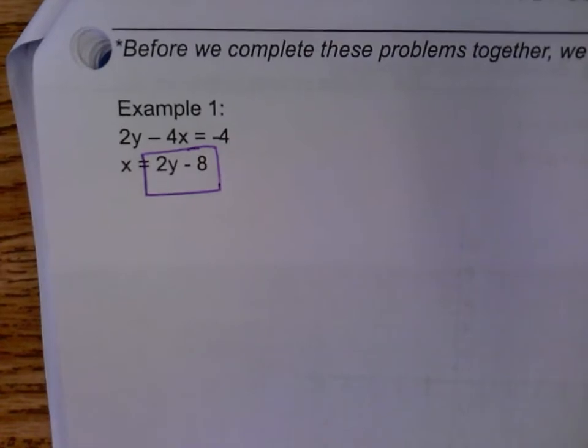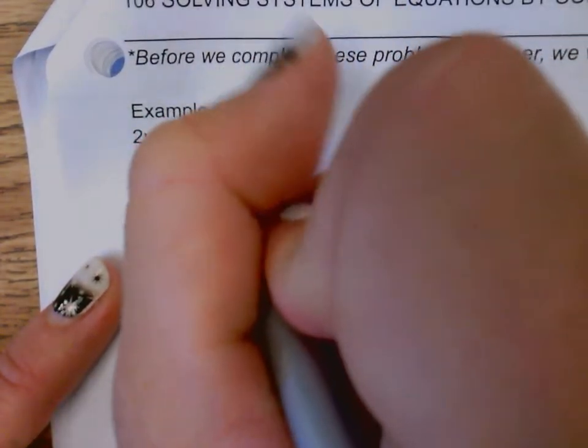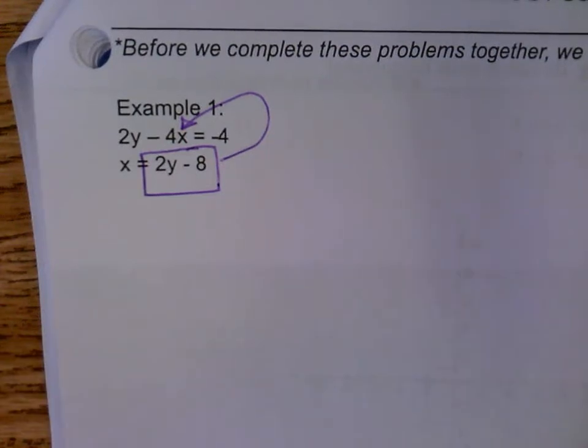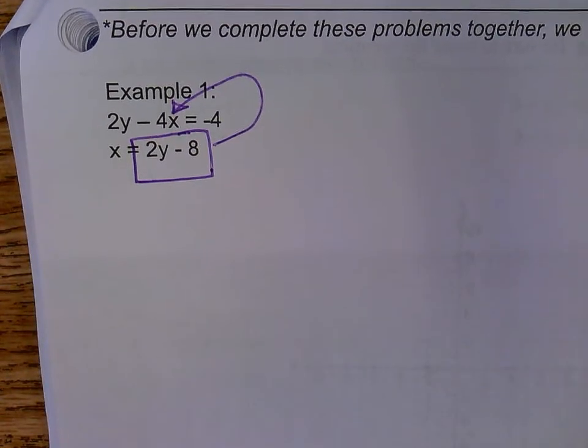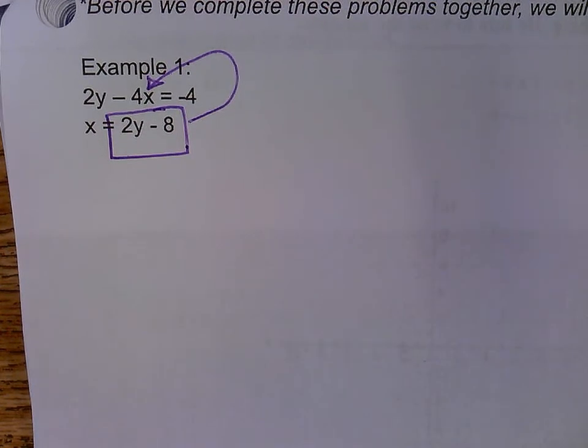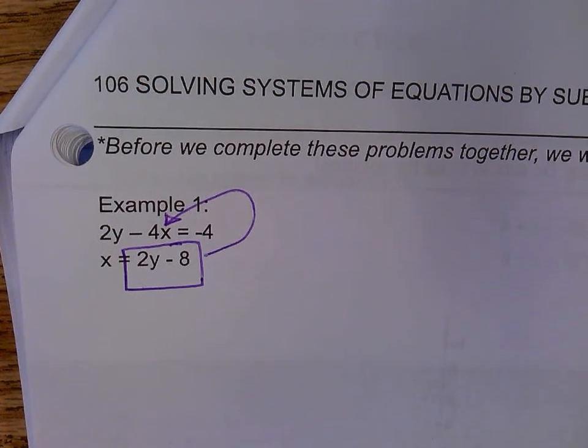You're going to plug this in for x in the top equation. So you pick which one is easiest to get by itself, and we're going to plug it in for x in the top equation. So I'll rewrite the equation for you, and then you're going to try to, this is page 106, you're going to try to combine your like terms, solve for y, solve for x.